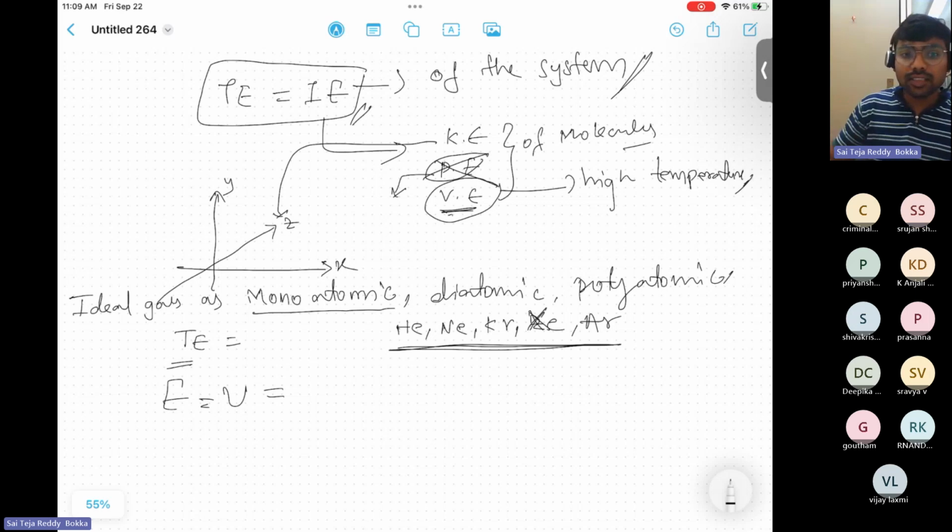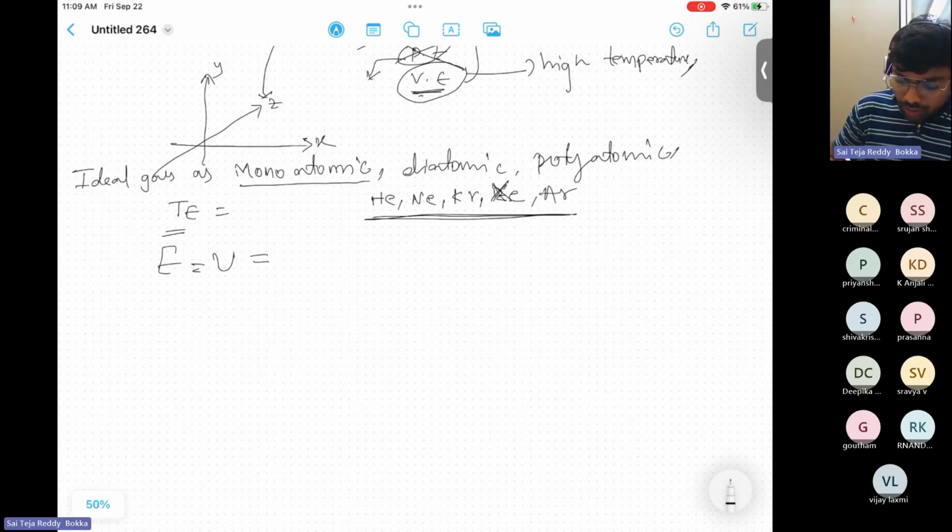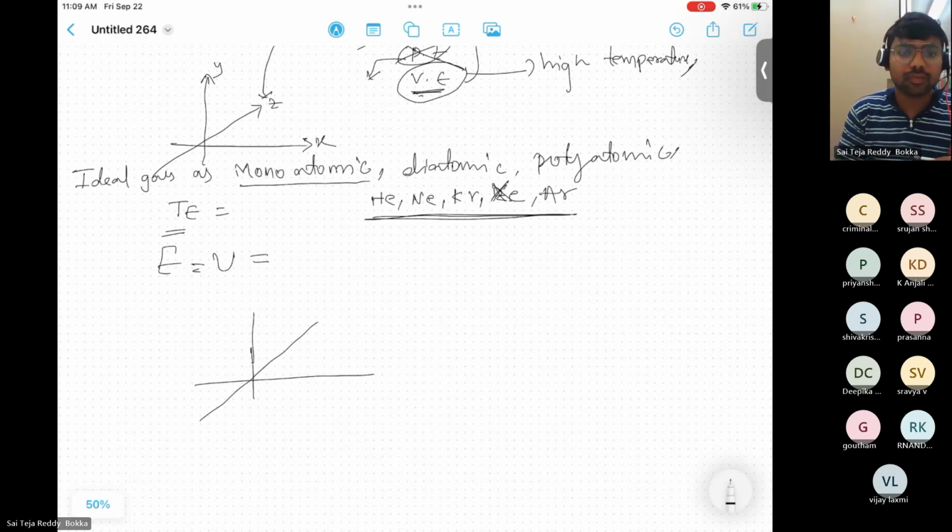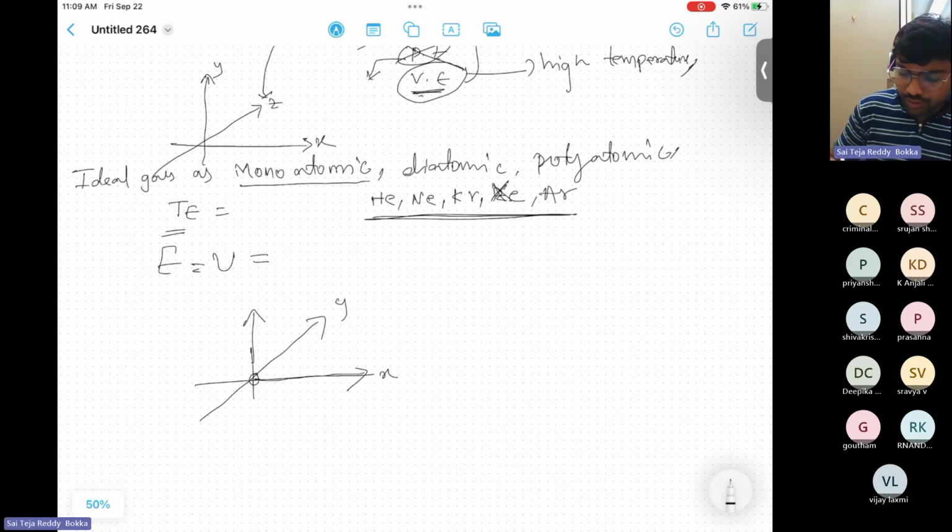If you are considering these cases, the molecules of He will have a kinetic energy in the X direction, Y direction, Z direction. If it is moving along the X direction, it will possess a kinetic energy along the X direction, likewise for Y and Z. So here half mvx square plus half mvy square plus half mvz square.